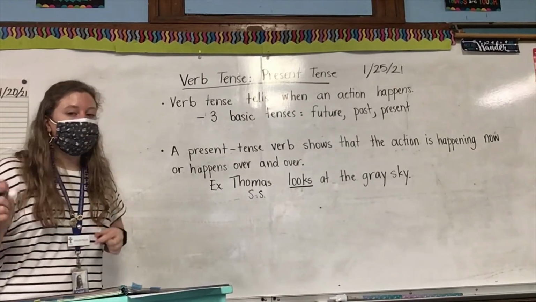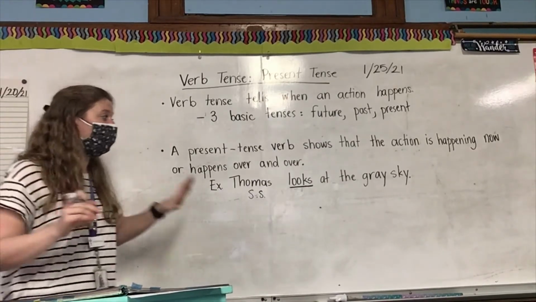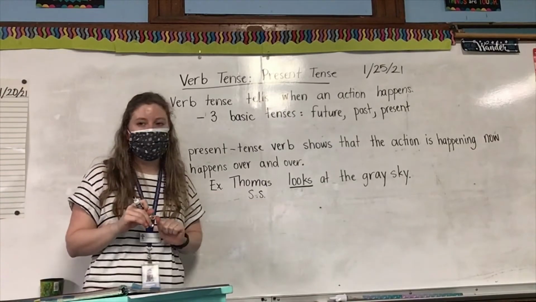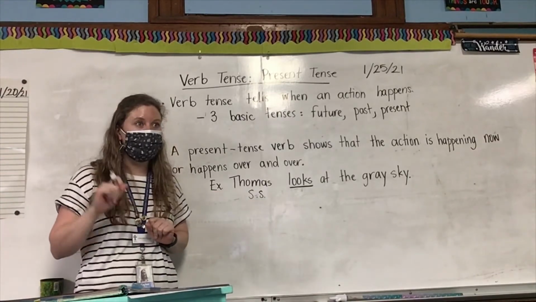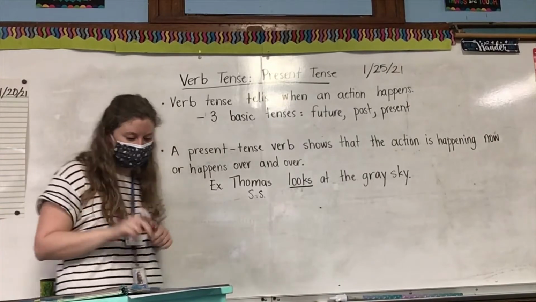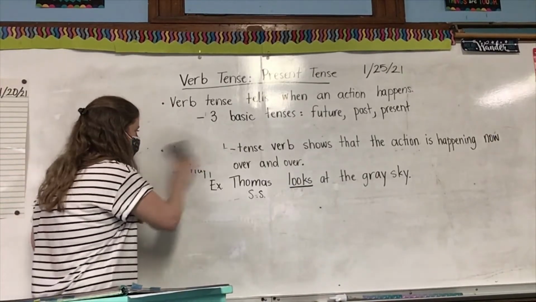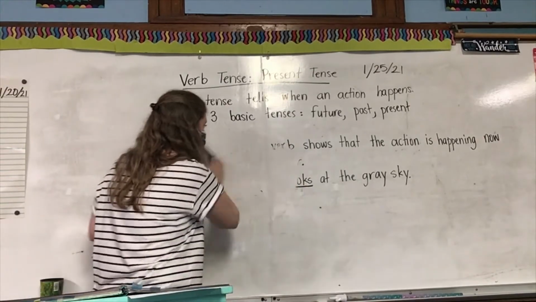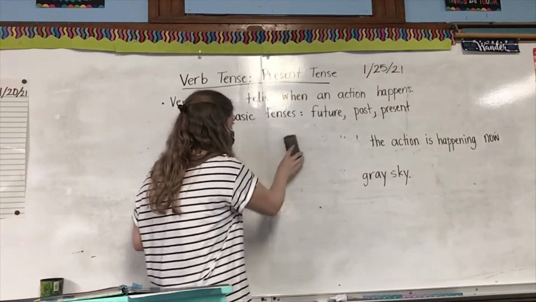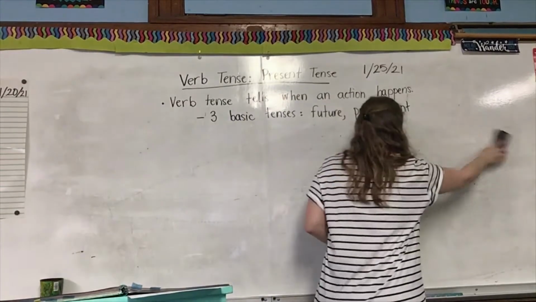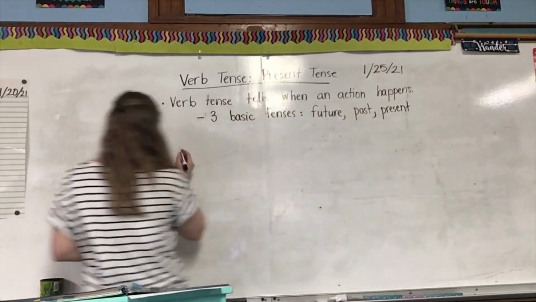Now there's another way to make sure that the reader knows that your verb is in the present tense. So I'm going to erase this because I need space. There is another way to show the reader of your sentence that the action is happening now.